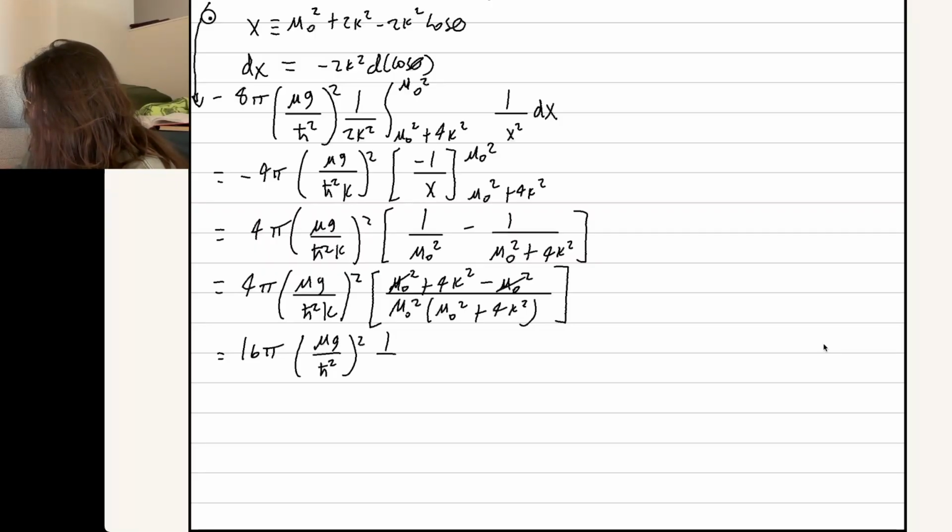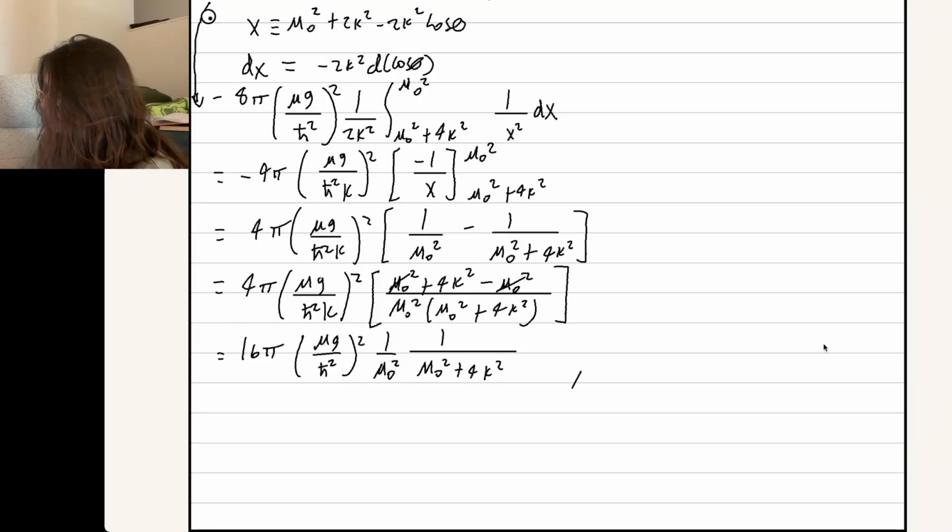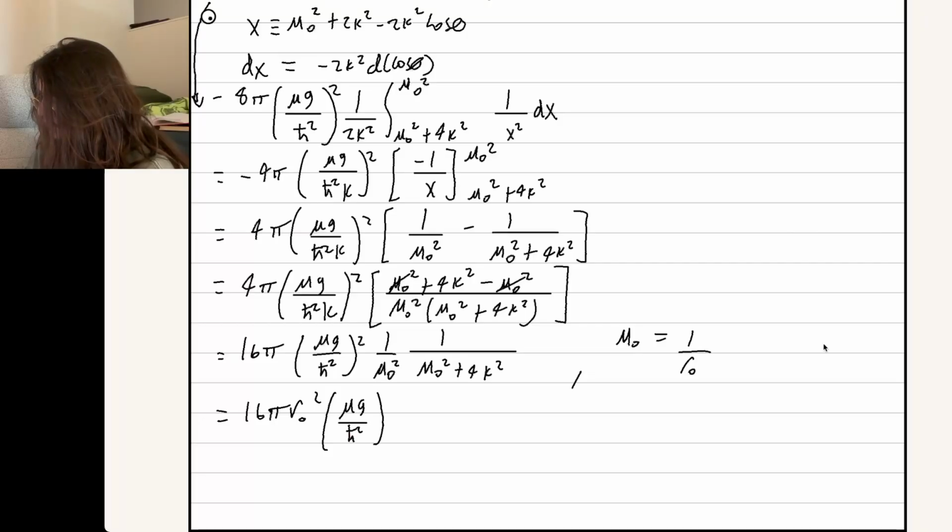We'll have an additional factor of 1 over mu naught squared, but then it's divided by mu naught squared plus 4k squared. And this is when I'm going to apply the definition of mu naught as being 1 over r naught, and change the notation over to 16 pi r naught squared mu g over h bar squared. And then this is going to be 1 over r naught all squared plus 4k squared.